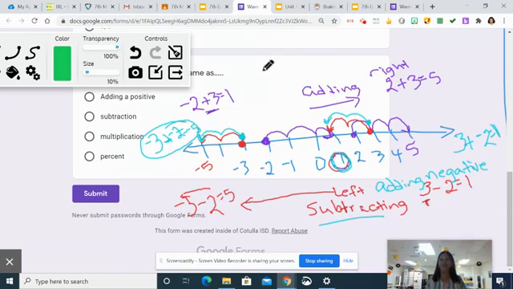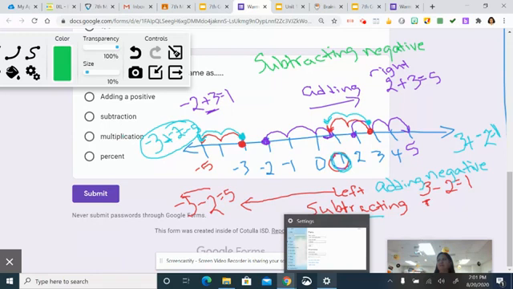Subtracting a negative. And guys, I know that looks really ugly, but if you can understand it as, what do you think it would look like? You only have two options. It's either going to go left or right. There's only two directions it can move, left or right.